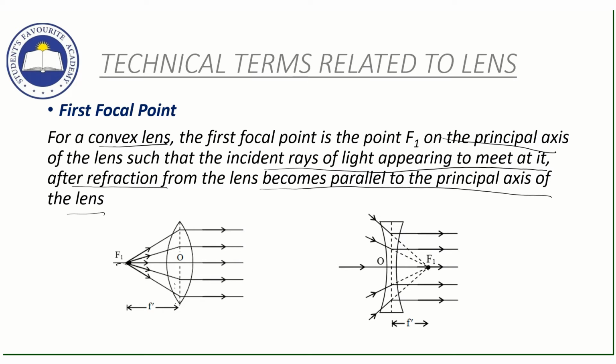For a convex lens, the first focal point F1 on the principal axis is the point where the incident rays of light appear to meet or converge after refraction through the lens. And here, the definition for a concave lens will be that they appear to diverge from this point.